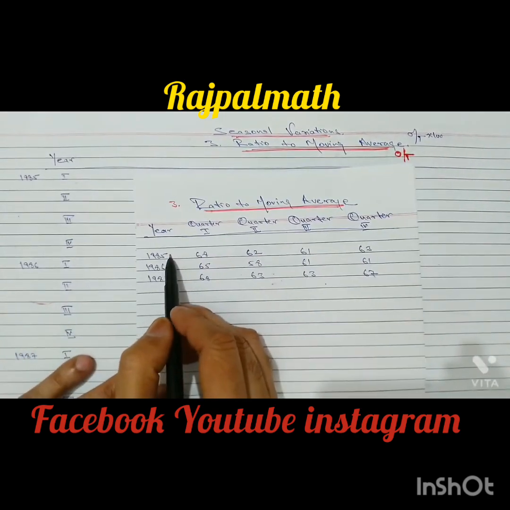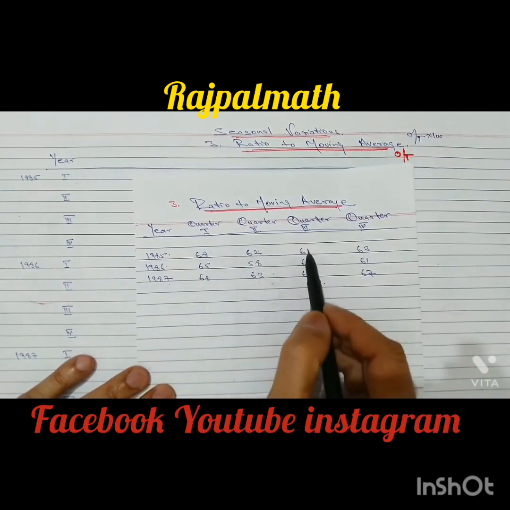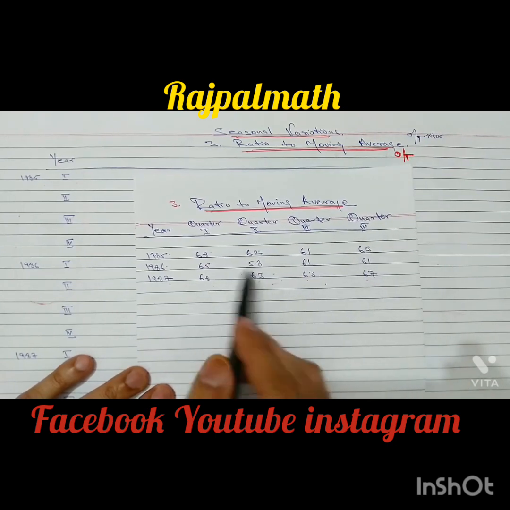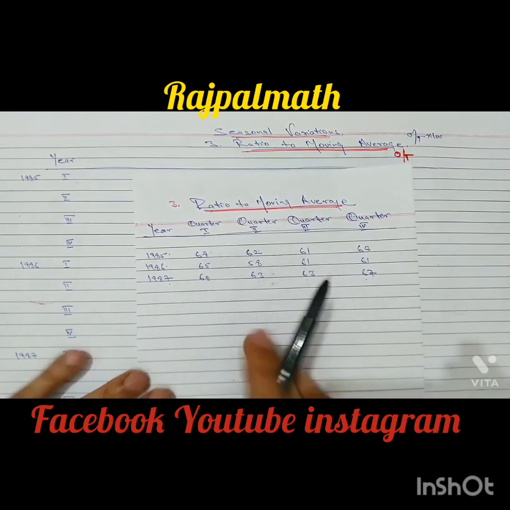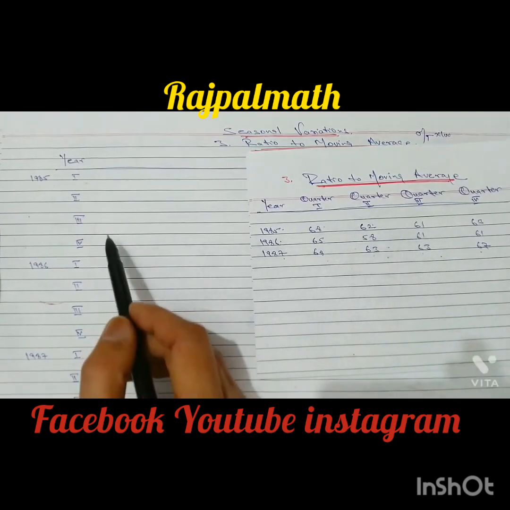Yearly data is given for 1985, 86, 87, with quarter 1, quarter 2, quarter 3 and quarter 4 data. Convert this row wise into column wise.